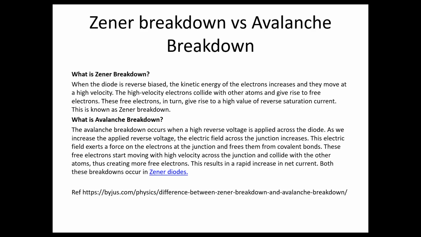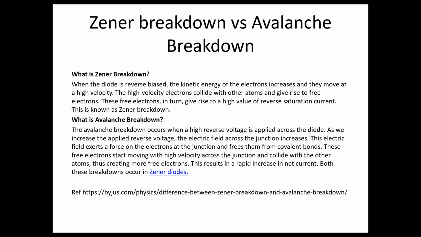The second breakdown type is avalanche breakdown. When we apply a higher voltage across the diode, it increases the electric field through the junction. Then it exerts force on the electrons at the junction and frees them from the covalent bond.